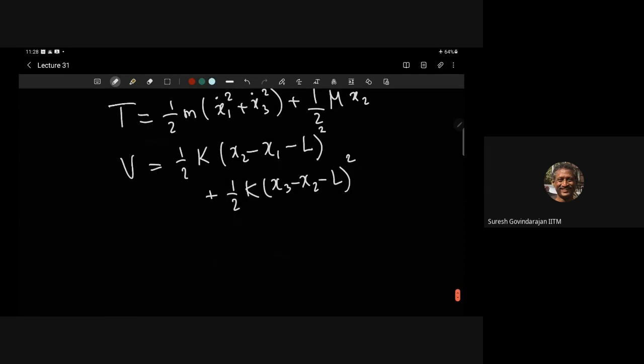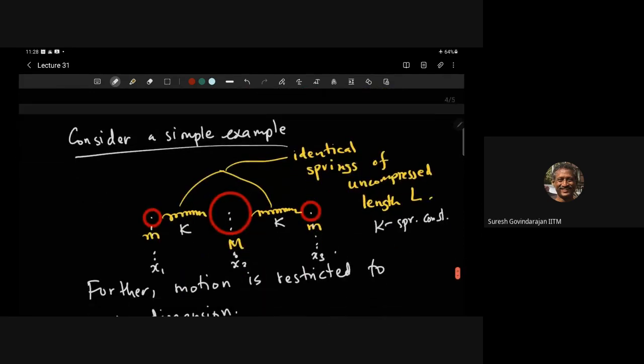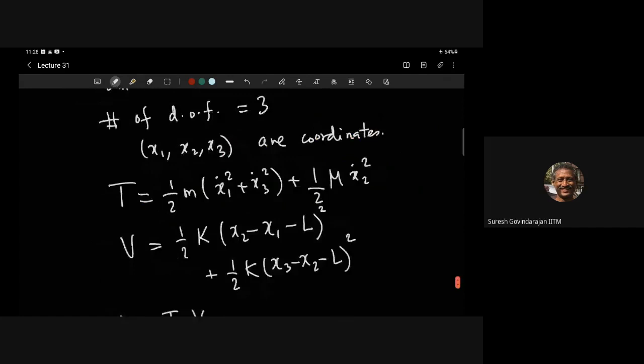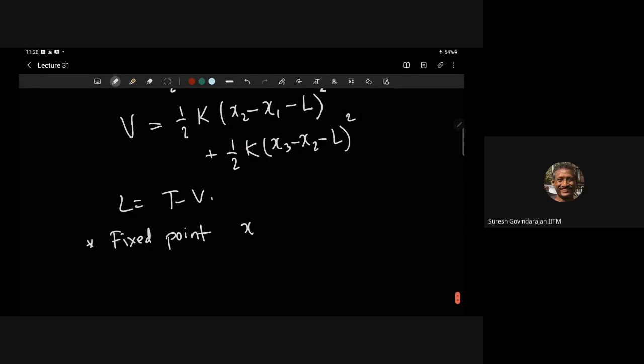L is T minus V. Now we need a fixed point. So what is the fixed point in this example? Let's choose one. x1 equal to 0. x2 better be L, right? Otherwise the spring is compressed. What should x3 be?